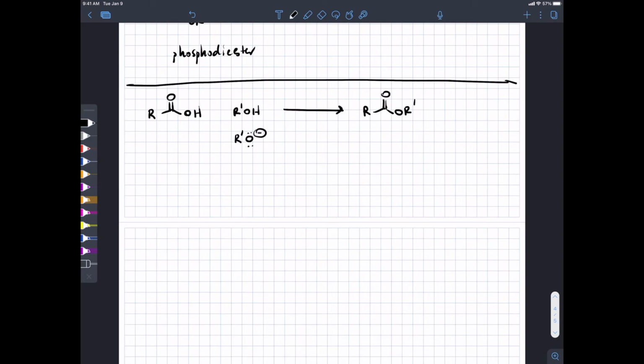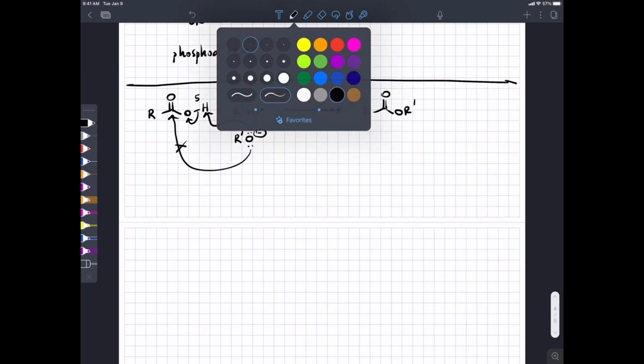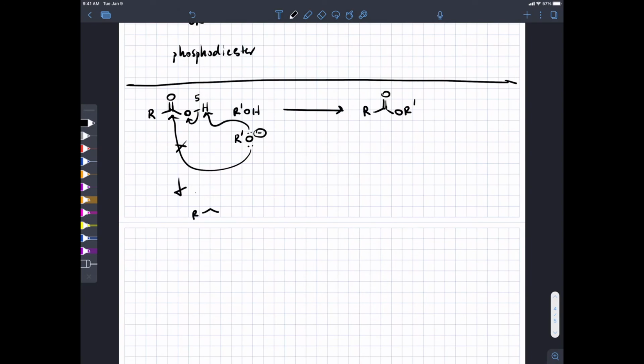The problem with that is that carboxylic acids have an acidic proton, pKa of around 5. So instead of attacking the carbonyl carbon, the negatively charged alkoxide is simply going to remove a proton from the carboxylic acid because the conjugate base of the carboxylic acid is much more stable than the alkoxide, pKa 16 versus 5. It's easy to see that you just deprotonate the carboxylic acid and sort of be dead in the water.